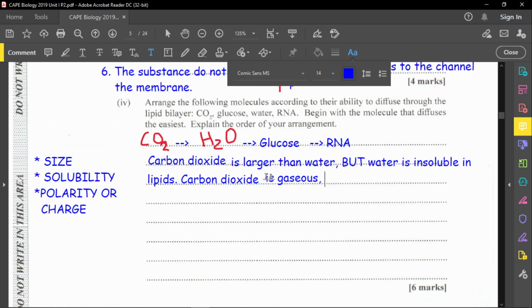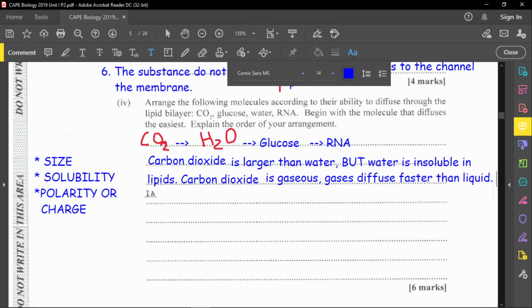Liquid. So gases will diffuse faster than liquid. Because again, remember, this is based upon the kinetic energy of the molecules. Gases have greater kinetic energy compared to liquid, and hence they move faster.